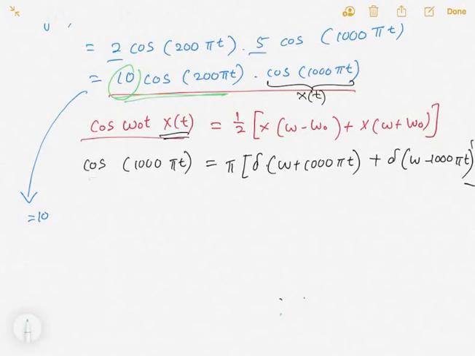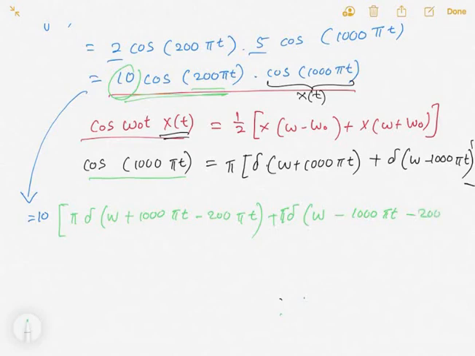So we have 10, and then for cos 1000 pi t we have pi delta(omega plus 1000 pi), and then don't forget you have the 200 here, so you have minus 200 pi, and then plus pi delta(omega minus 1000 pi minus 200 pi).